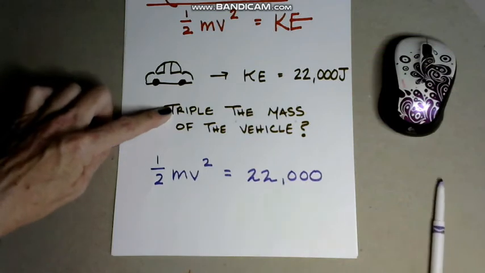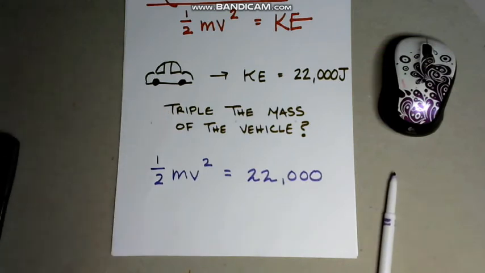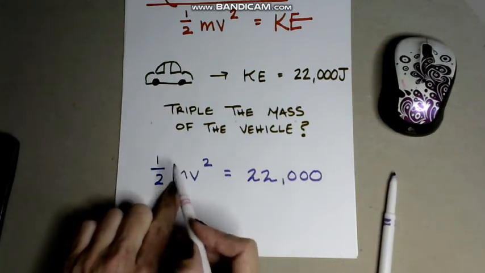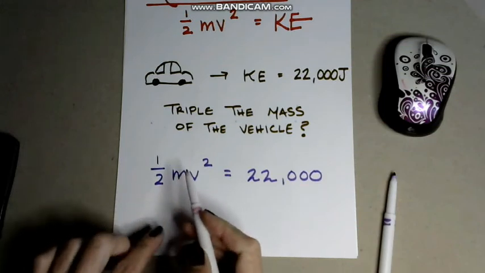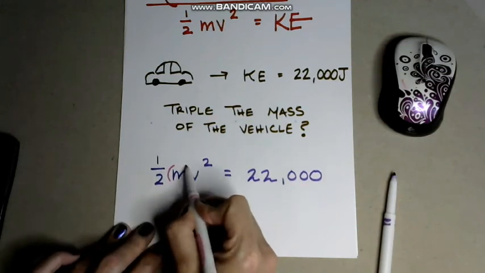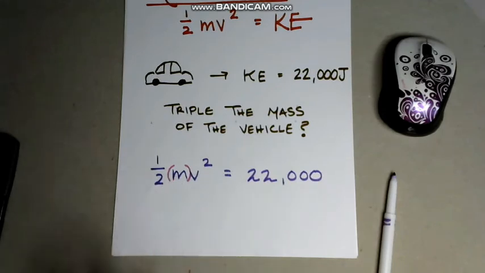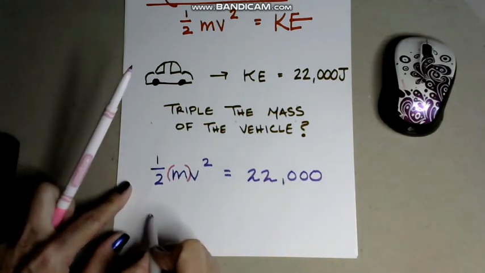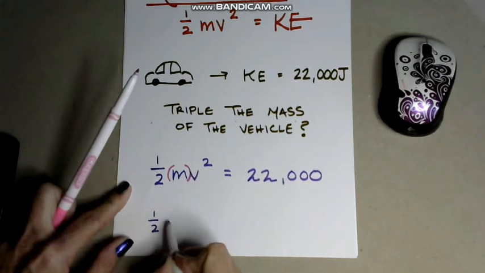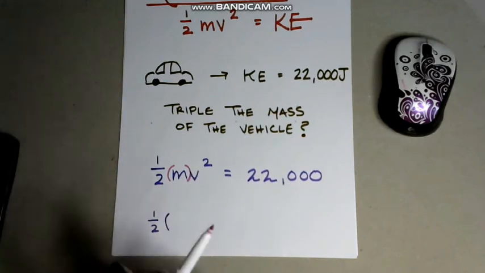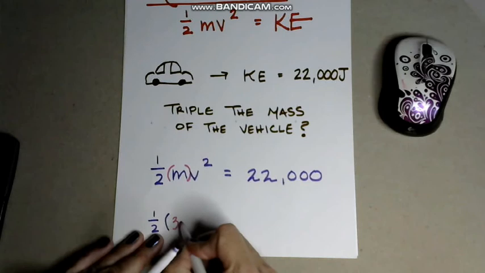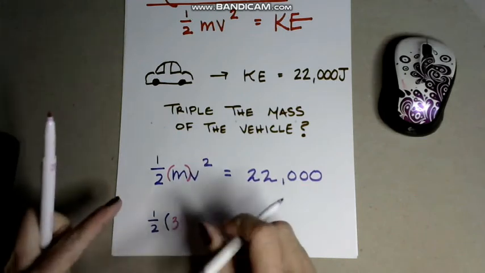I'm asking you to triple it. So instead of having just 1m, now I'm going to rewrite that as having a 3m. And I'll go ahead and just use a purple again.